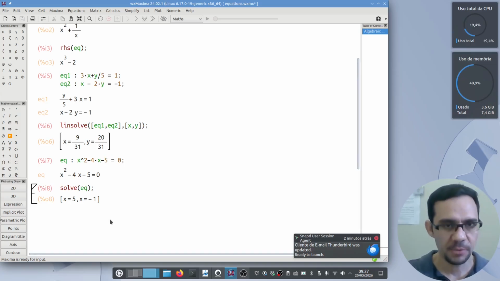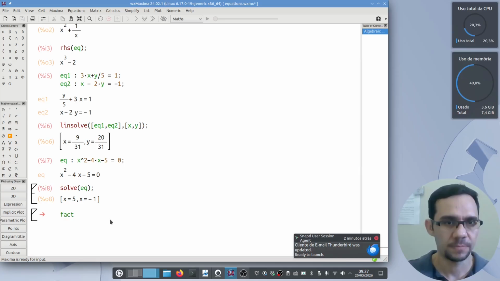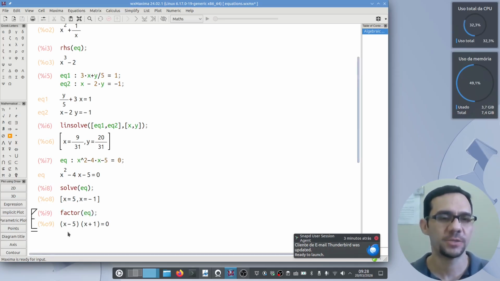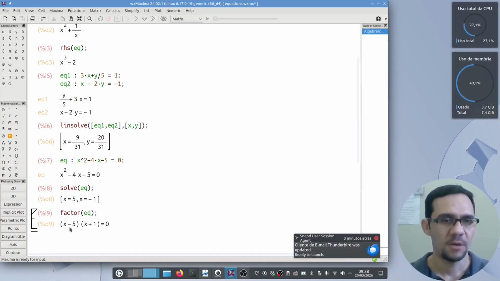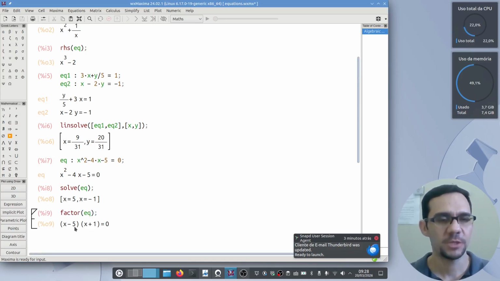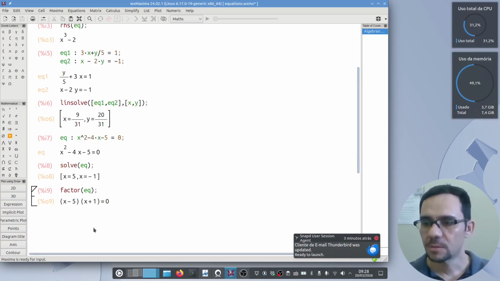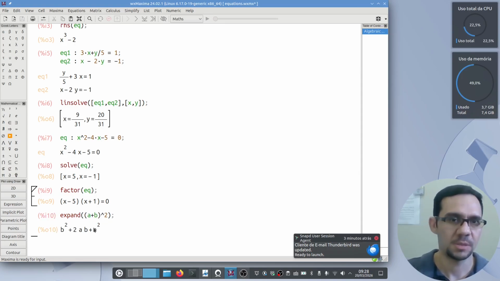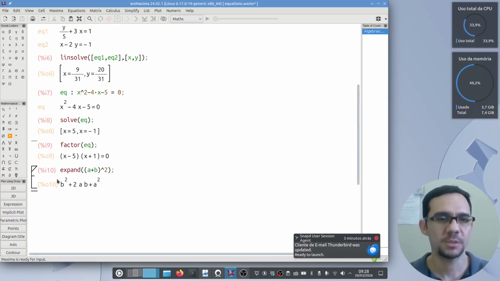And in this case, we can use the command factor. So this is another way to see that 5 is a solution of this equation and -1 is also a solution. We can also use the opposite command of factor, that is expand. So let me try to show you this expression. So this is the opposite of factor.